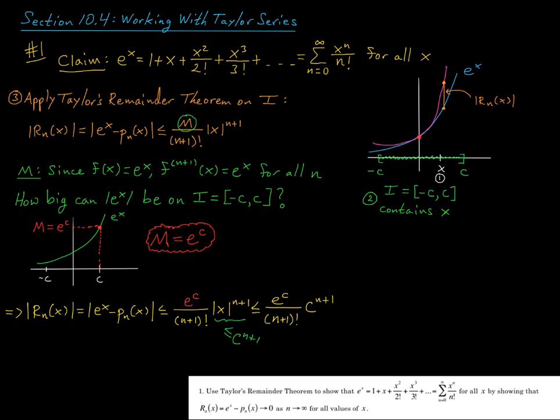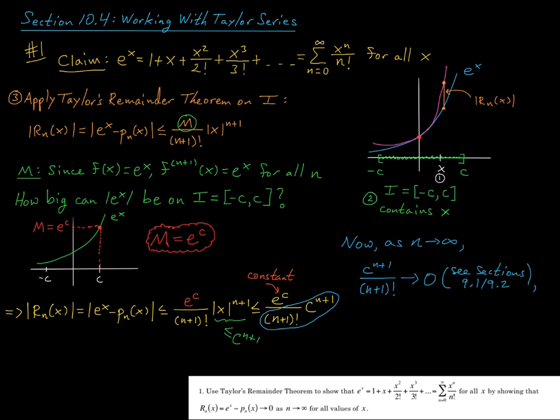So now what do we want to do? Well, let's take the limit as n approaches infinity. Note here that e to the c is constant. So what happens to this expression in blue, c to the n plus 1 over n plus 1 factorial? Well, if you go back to sections 9.1 and 9.2, we actually looked at a few problems like this.